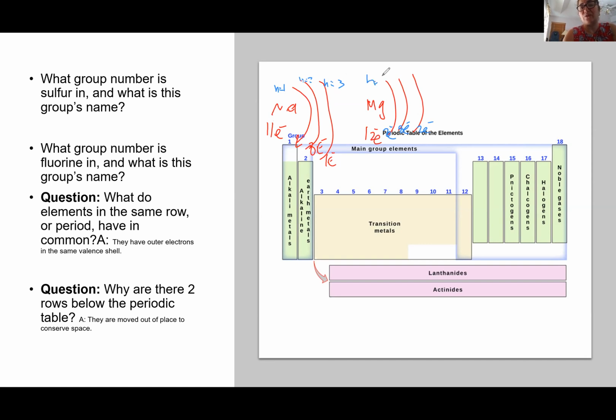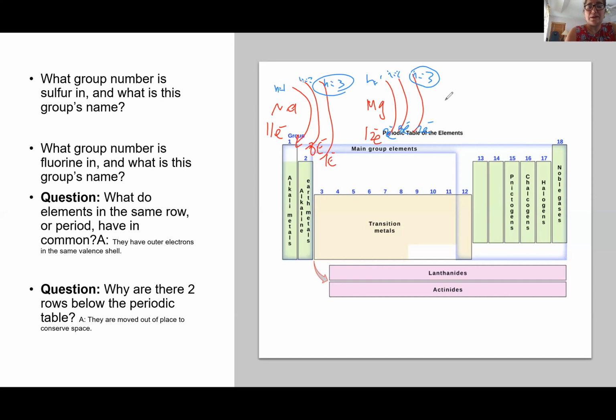But sodium and magnesium are in the same row. So their valence electrons are going to the same energy level. The valence electron for sodium is going to level 3. The valence electron for magnesium goes to level 3.